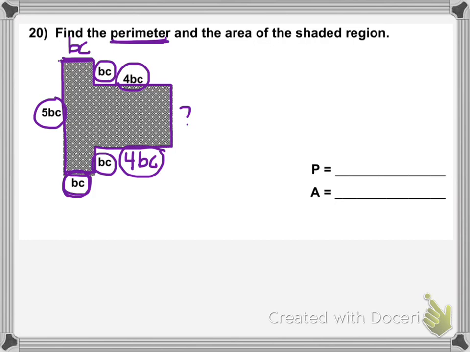Let's look at this question mark on the right. That side is going to be a little bit shorter than this 5BC on the left, right? Well, how much shorter?